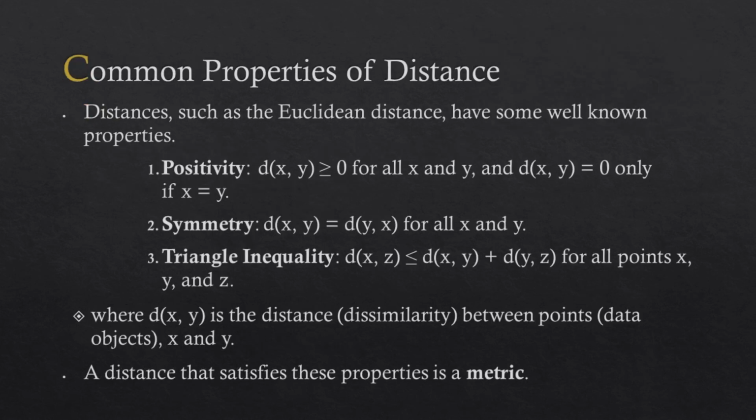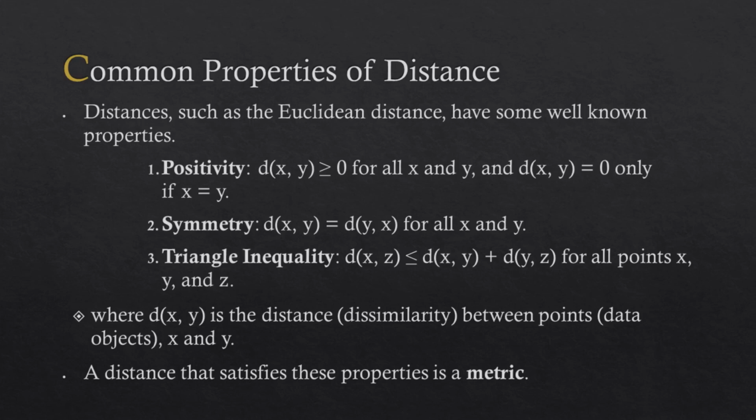Common properties of distance. Distances such as the Euclidean distance have some well-known properties. Ito naman ang common properties ng distance. Meron tayong positivity, symmetry, at triangle inequality. So, positivity, where distance of x and y is greater than or equal to 0 for all x and y, and distance of x and y is equal to 0 only if x equals y.